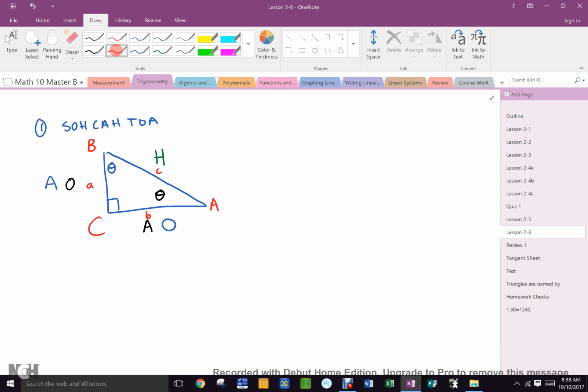So again, we've done this a million times, but some of you still have trouble with it. What is the sine of black theta? Do not say it out loud. Just write it down with the little red letters.